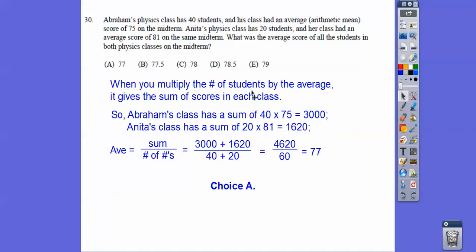The trick is you multiply those to get the sum of their scores in each class, and then add those two sums together. Then add the class sizes, 40 plus 20, which is 60 in all. The total sum divided by the total amount is going to give us 77. So choice A.